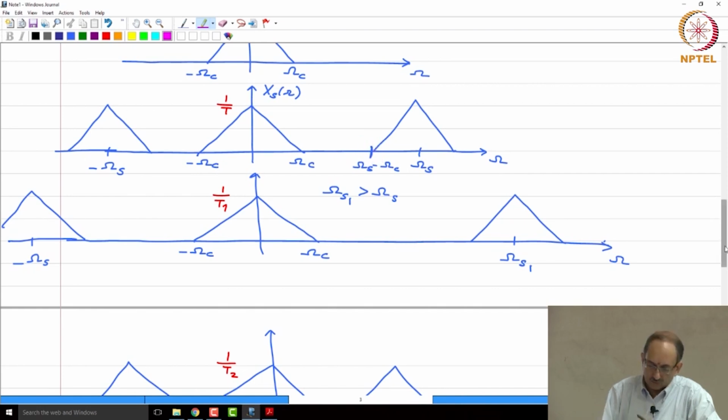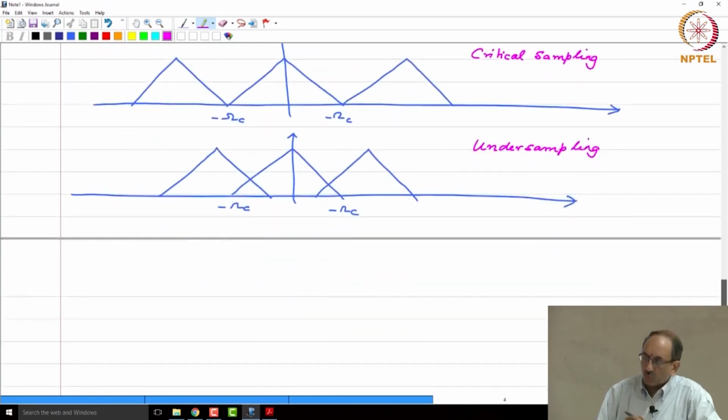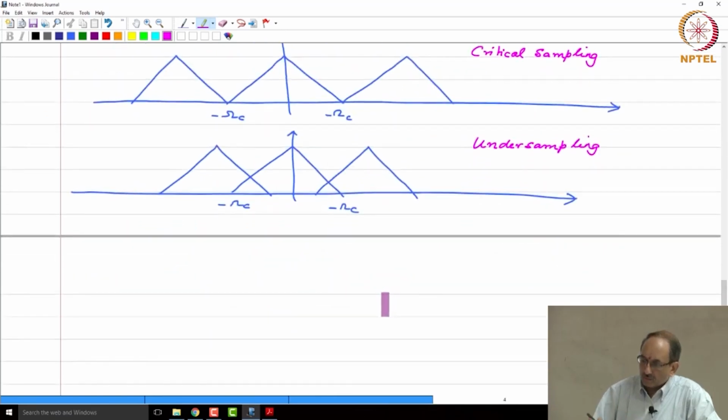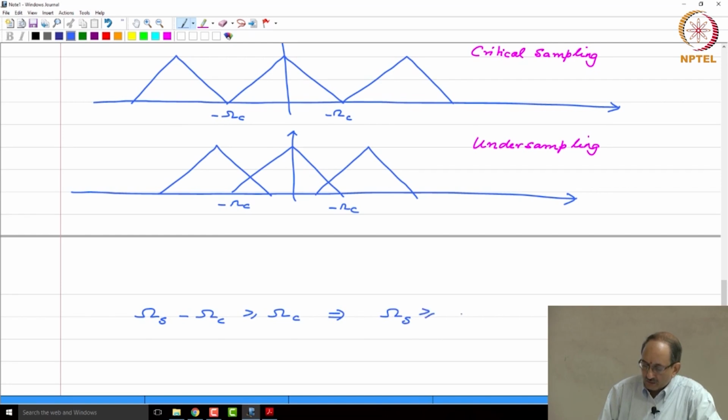Therefore, if you do not want overlap, then it is easy to see that you need omega s minus omega c to be greater than or equal to omega c. So, this implies that omega s must be greater than or equal to 2 omega c.